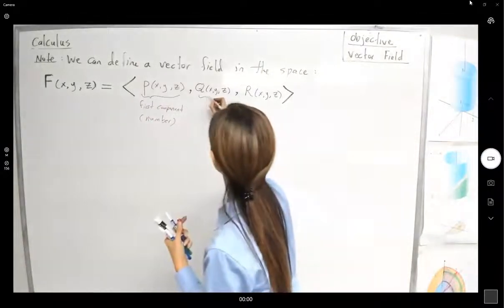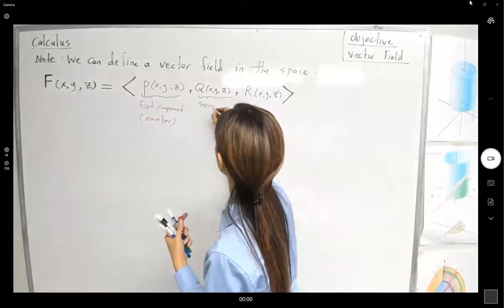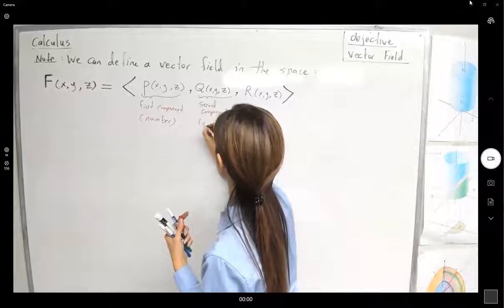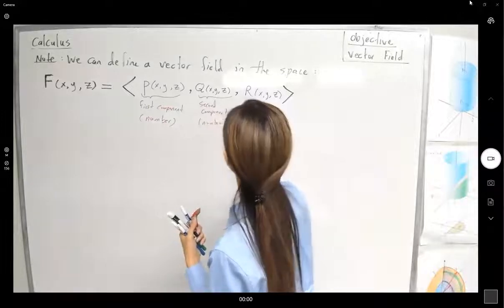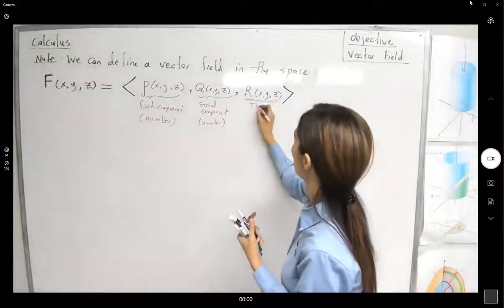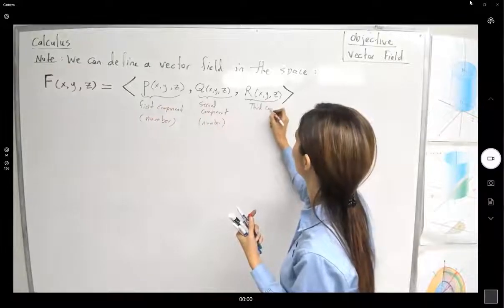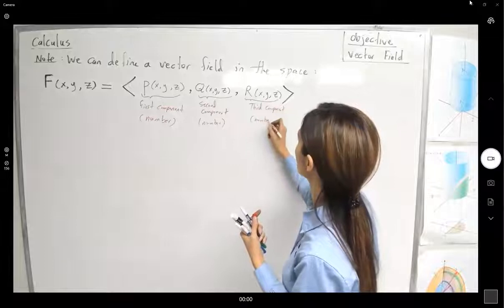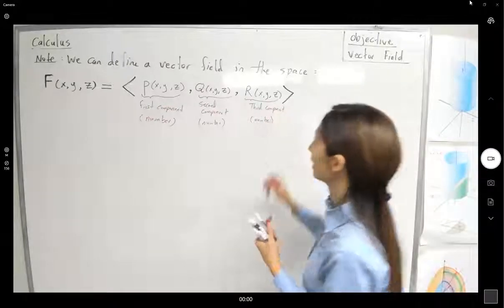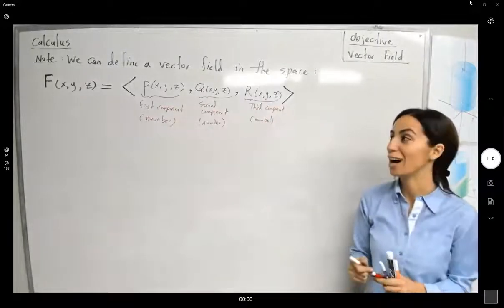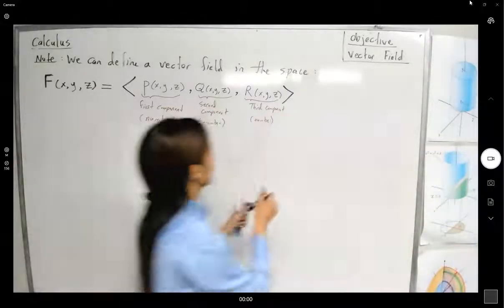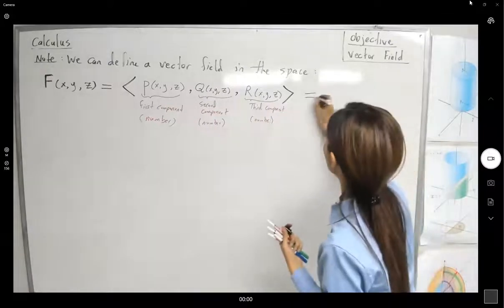Second component, which is another number. And the third component, which is another number. All of these are numbers, and then the output of this function is a vector.